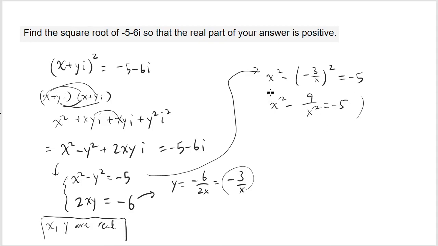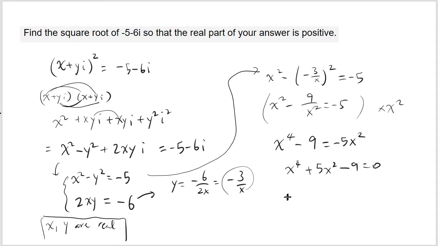Whenever I have a fraction, I can just multiply by x squared to get rid of the denominator. X squared times x squared is x to the 4th. 9 over x squared times x squared, the denominators get cancelled. And finally, you get negative 5x squared. Move it to the left side, and you get x to the 4th plus 5x squared minus 9 equal to 0.